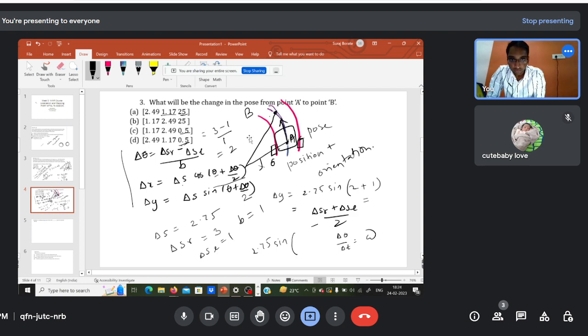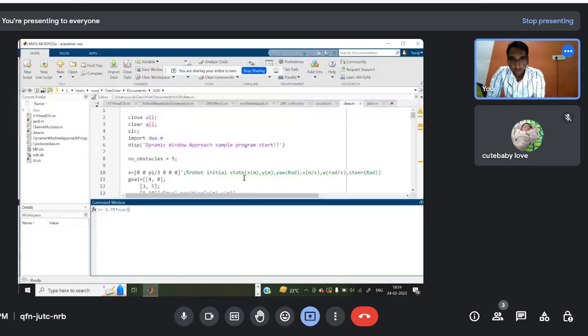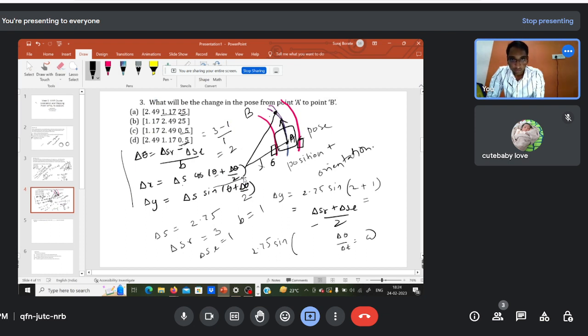2.75 into cos of... 2.722. What is the mistake that we have done?